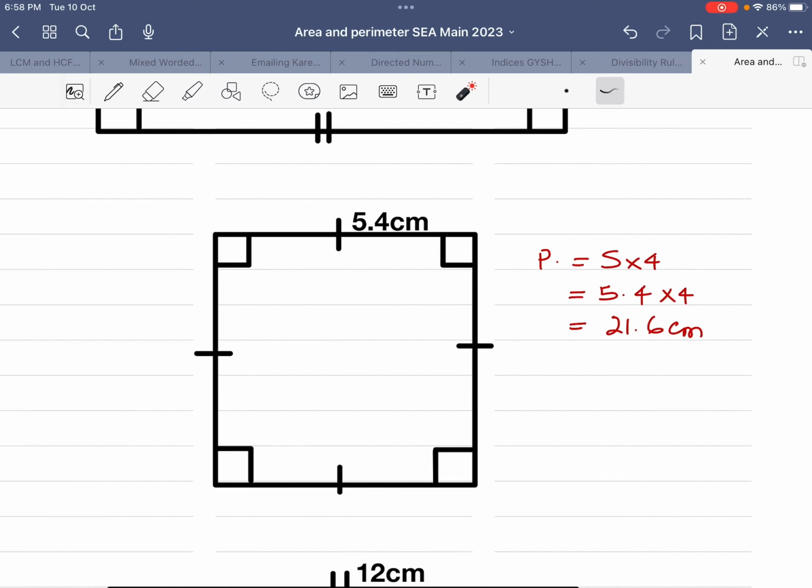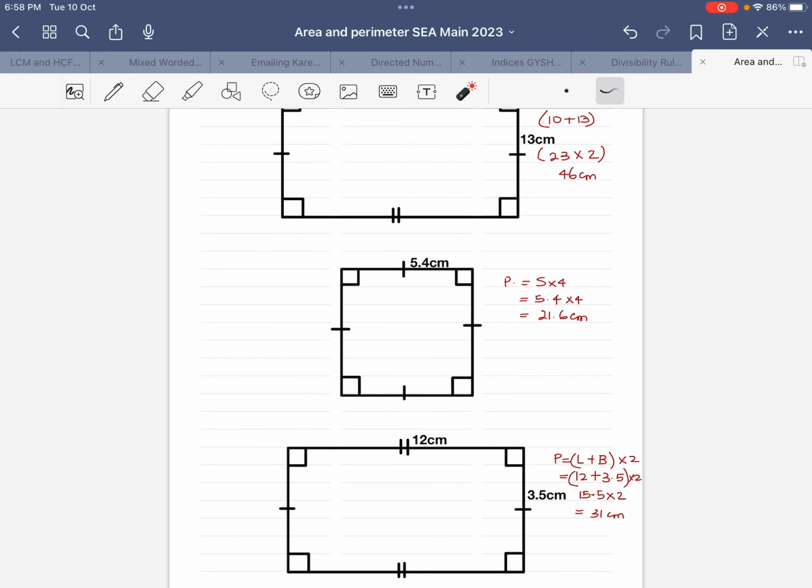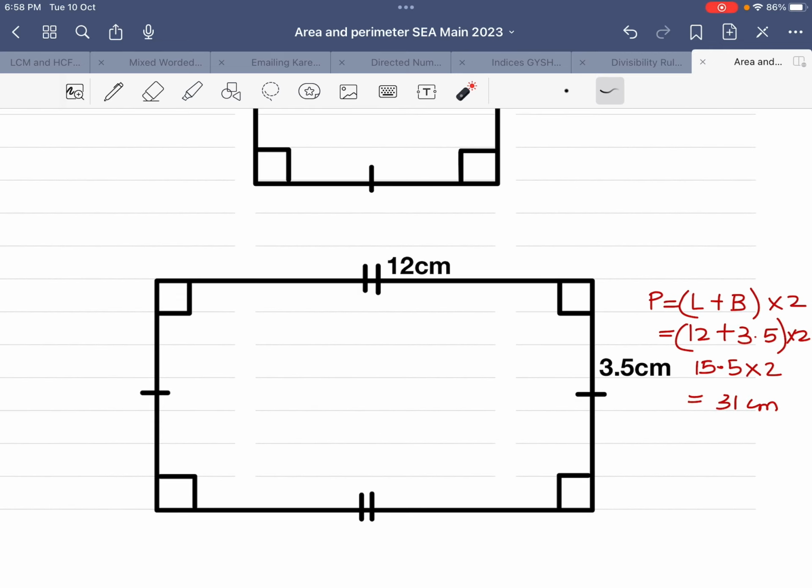The second question, we have a decimal point. The answer is 21.6 centimeters. Similarly, for number 3, 15.5 multiplied by 2 is 31 centimeters.